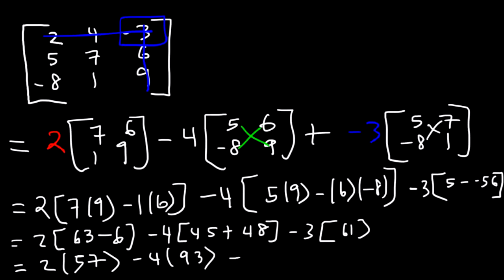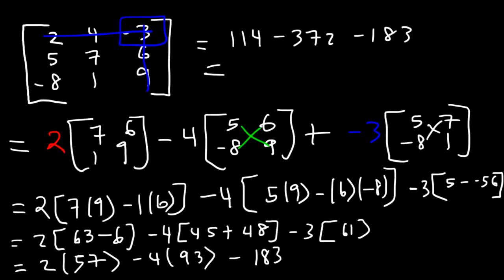Negative 3 times 61 is negative 183. 2 times 57, that's 114. And 4 times 93, that's 372, minus 183. So if we go ahead and combine these last three numbers, this is going to give us negative 441. So that's going to be the determinant of the 3 by 3 matrix.